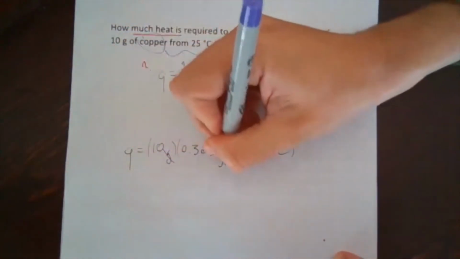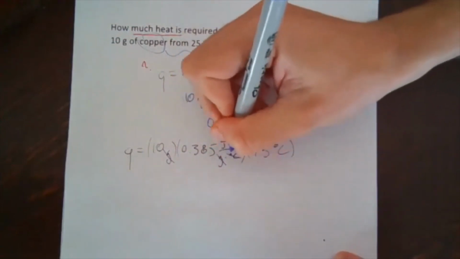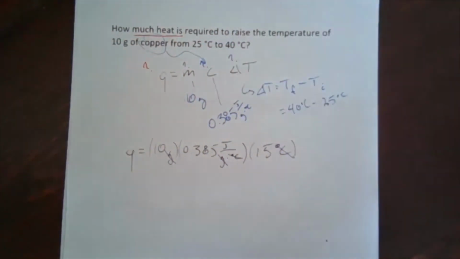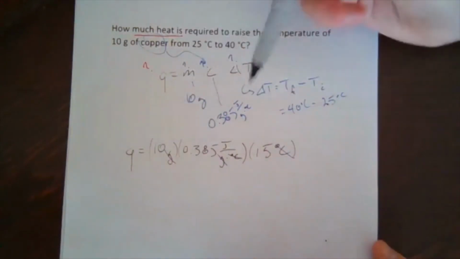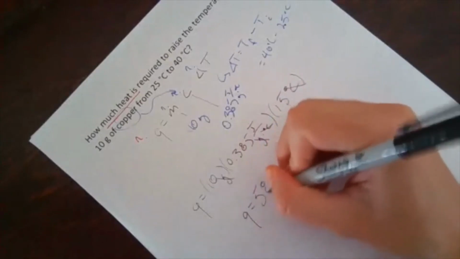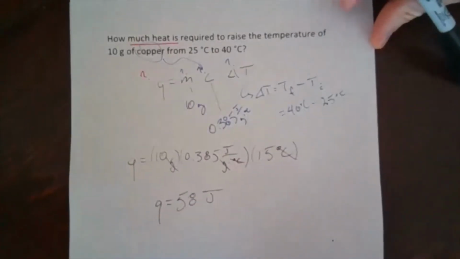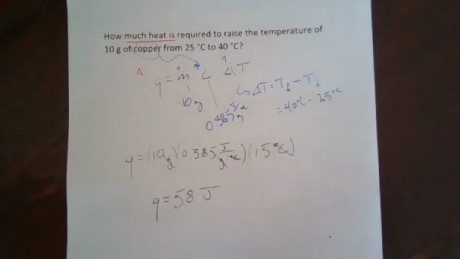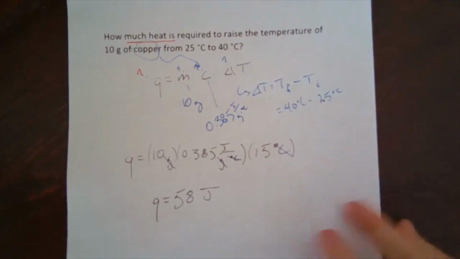So I can see for my units that the gram cancels out the gram in the denominator, and degree C cancels degree C in the denominator. So all that we'd be left with for our units are joules. And then 10 times the 0.385 times the 15 is 58. So joule is a heat or an energy unit, which is good. Heat should always have units of energy.